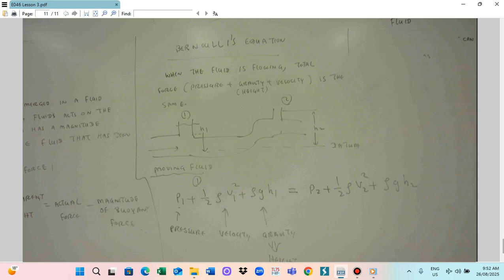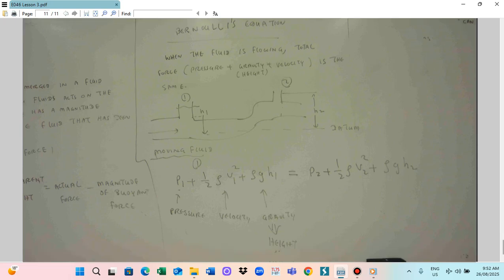So the total pressure force at point 1 is P1, plus the velocity term, half into rho into V1 square, plus the gravity force proportional to height, rho g into H1. This is equal to the same at point 2: P2 plus half into rho into V2 square plus rho g into H2. So this is called the Bernoulli theory.